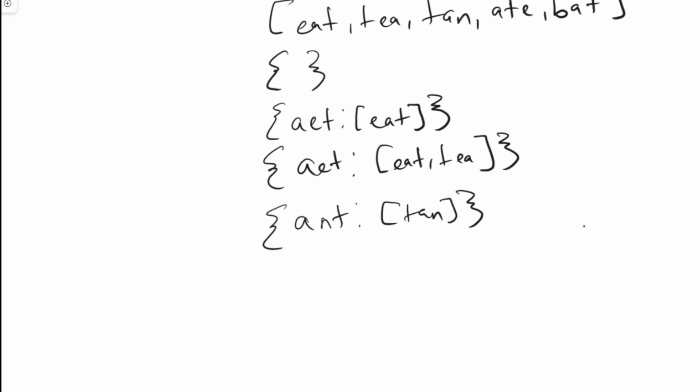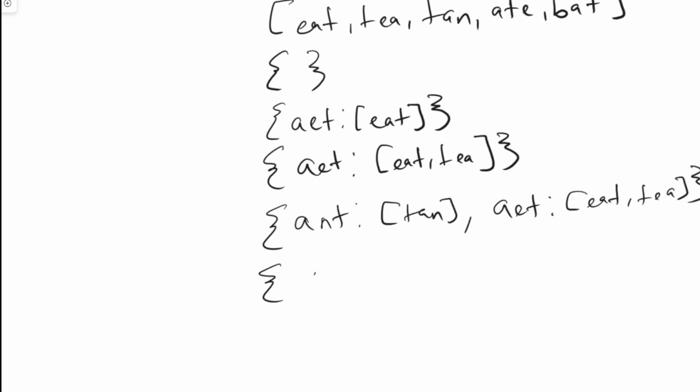And then I should probably include the other words as well. AET, EAT, TEA. And then we finally have ATE, which is just AET when sorted, when we sort the letters into alphabetical order.